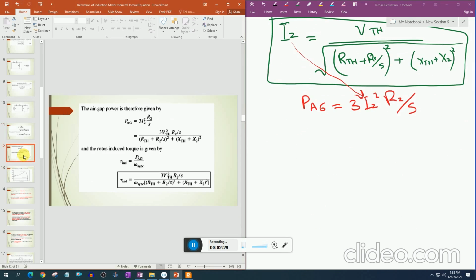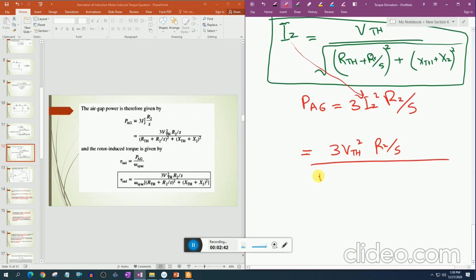By putting this equation here, the resultant power of air gap is 3 V-Thevenin square R2 by S divided by R-Thevenin plus R2 by S whole square plus X-Thevenin plus X2 whole square.